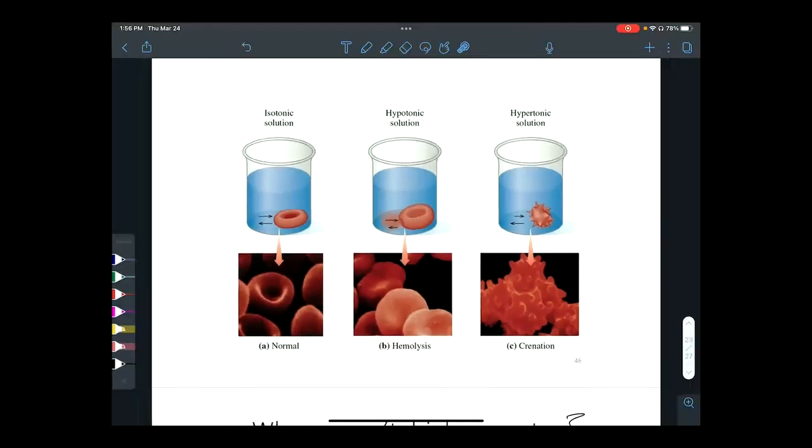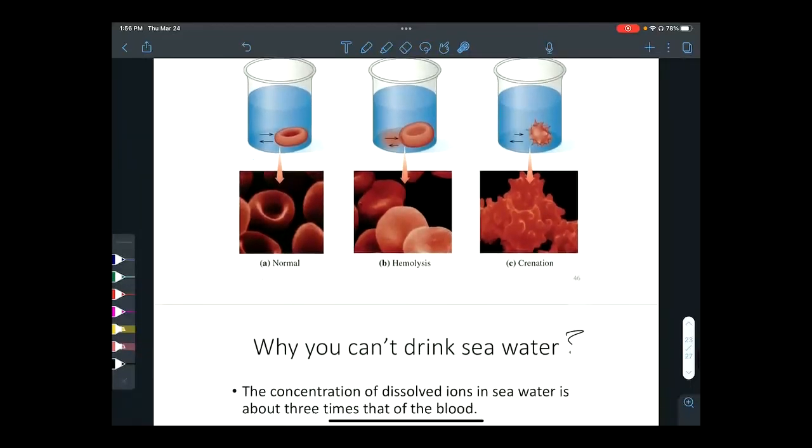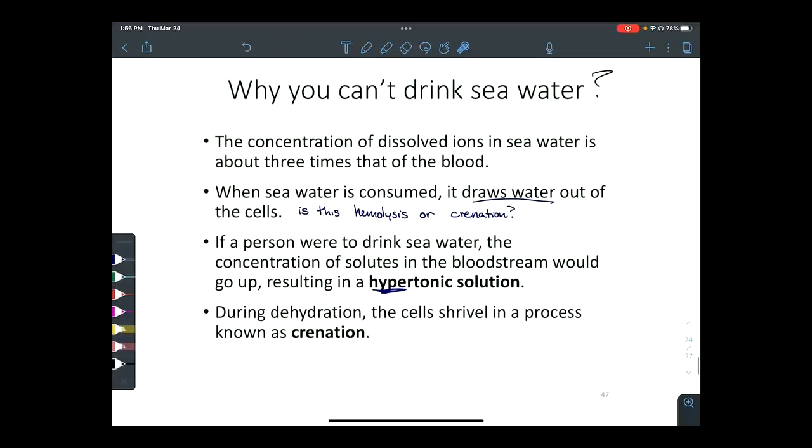This whole idea is why you can't drink salt water. Let's think about it. Salt water. Don't think about it too hard. Do we think salt water is hypertonic or hypotonic? Hyper, yeah, there's tons of salt in salt water, right? So if we put really, really salty solutions inside our body and drink it, we're making our body a hypertonic solution.